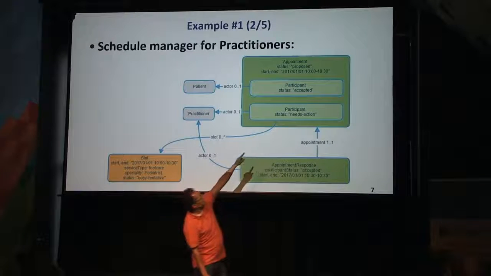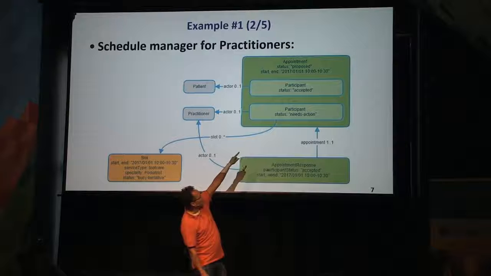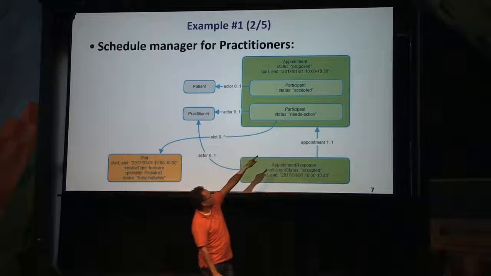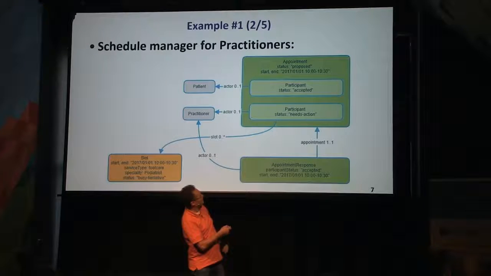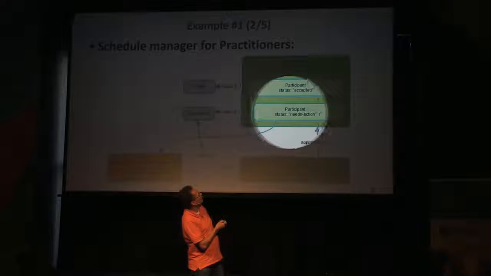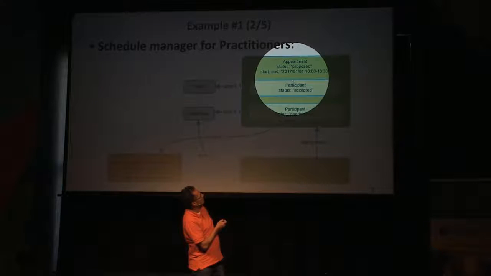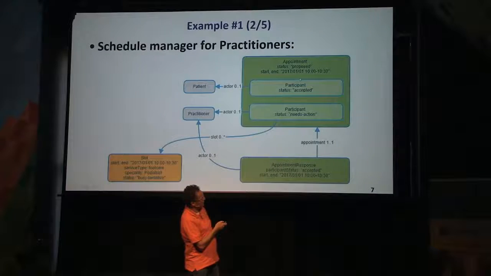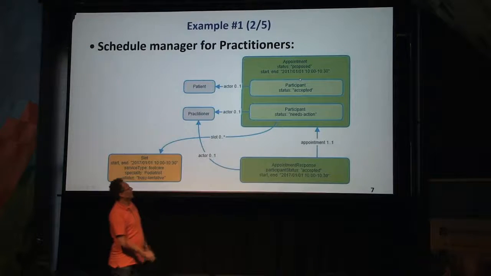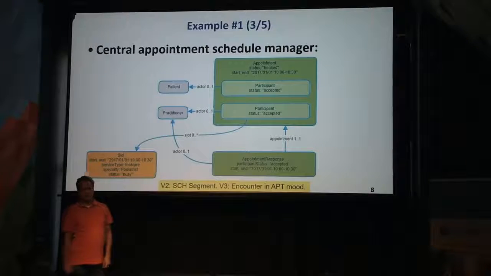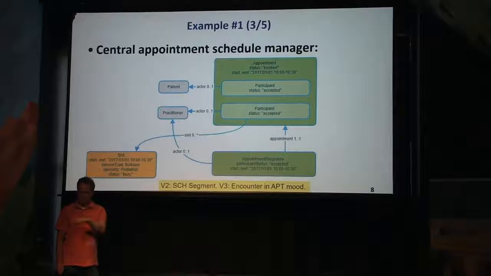Note that the statuses there in the appointment have not changed yet. Okay, participant is still needs action, and the overall status of the appointment is still proposed. Okay, we're still waiting for it to be finally confirmed. And then the centralized scheduler sees that the patient has accepted, Dr. Hippocrates has accepted.